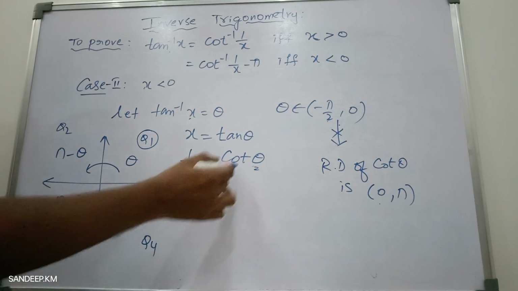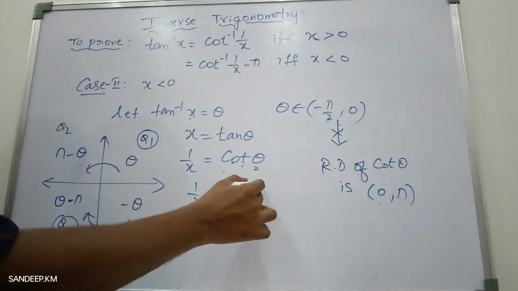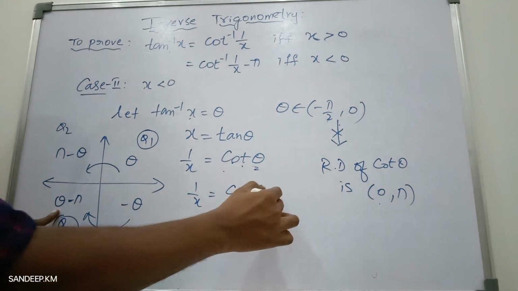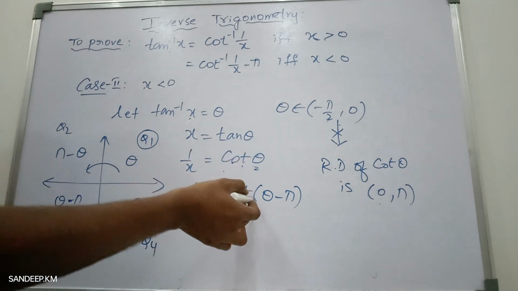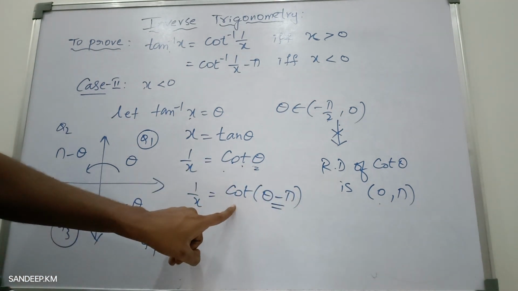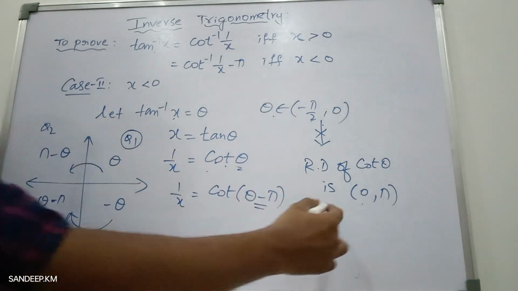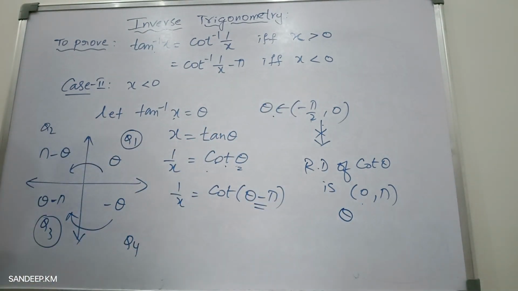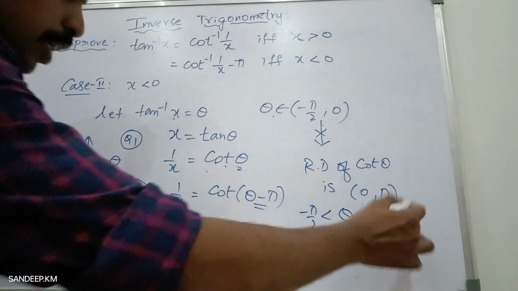So I can write cot theta as cot of theta minus pi. Cot theta and cot of theta minus pi are both the same. Now check whether theta minus pi is in the restricted domain of the cot function. Theta is between minus pi by 2 and 0.